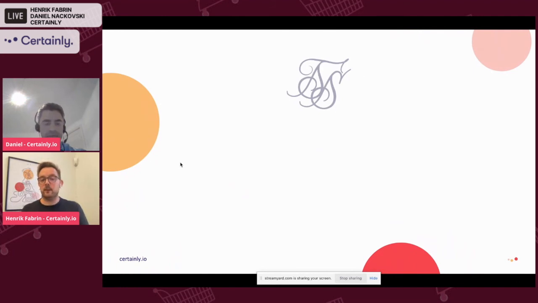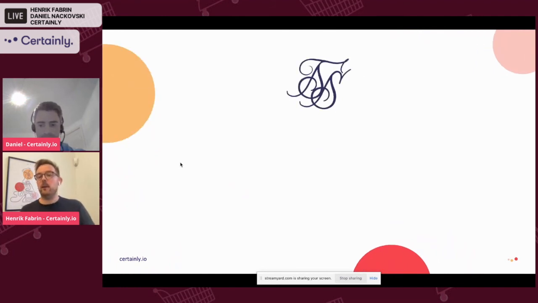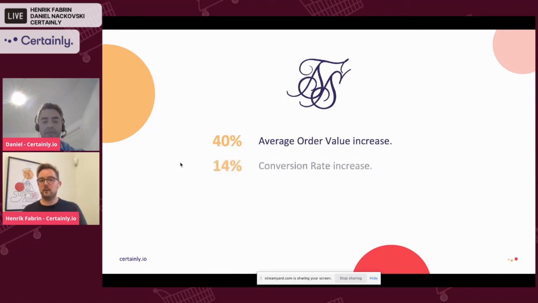The other one is Silk. It's a UK-based urban fashion company used by celebrities like Neymar, Trey Songz, etc. On their online store in the US, they've seen some really interesting results. After using conversational commerce, we've seen a 40% average order value increase, which is quite significant.